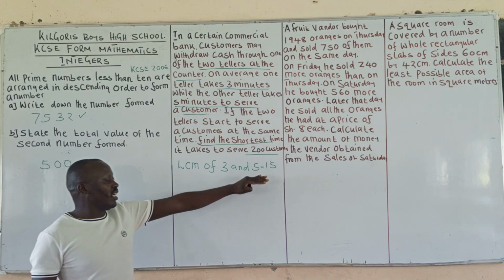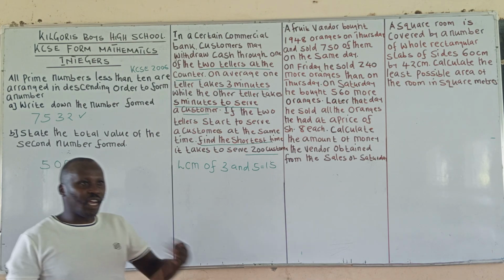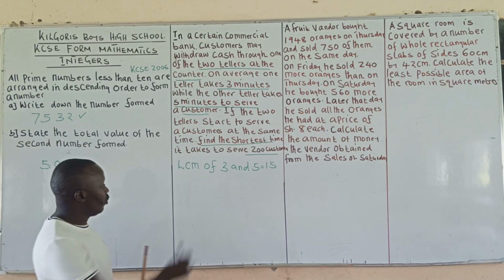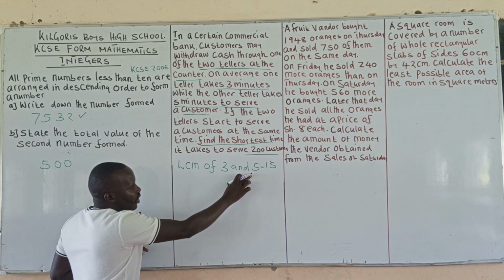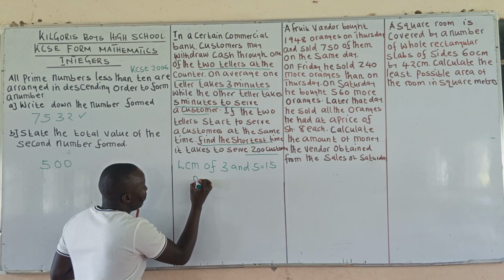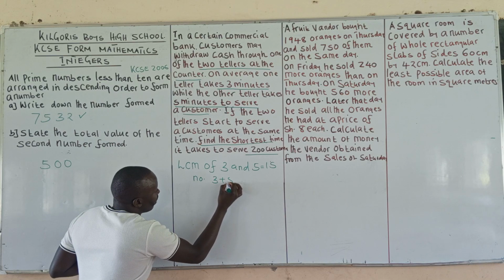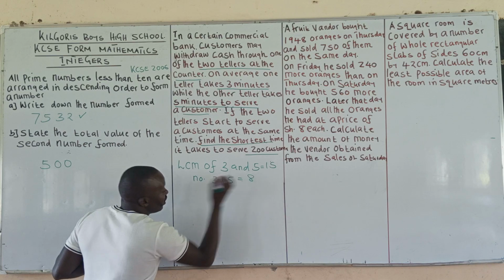So in 15 minutes, the total number of customers served is 3 plus 5, which is equivalent to 8 customers.